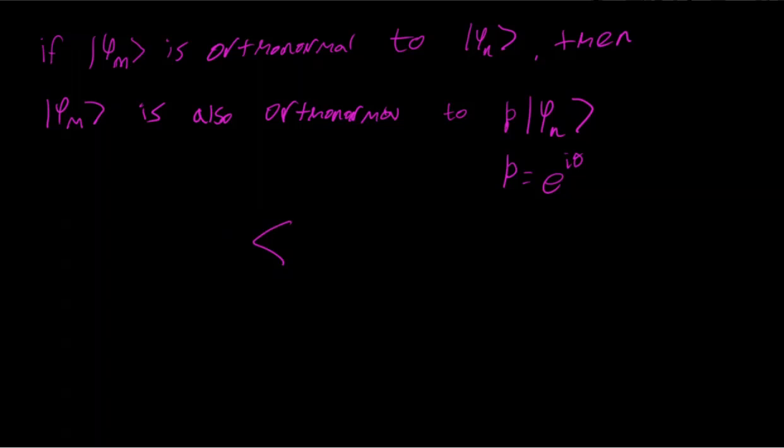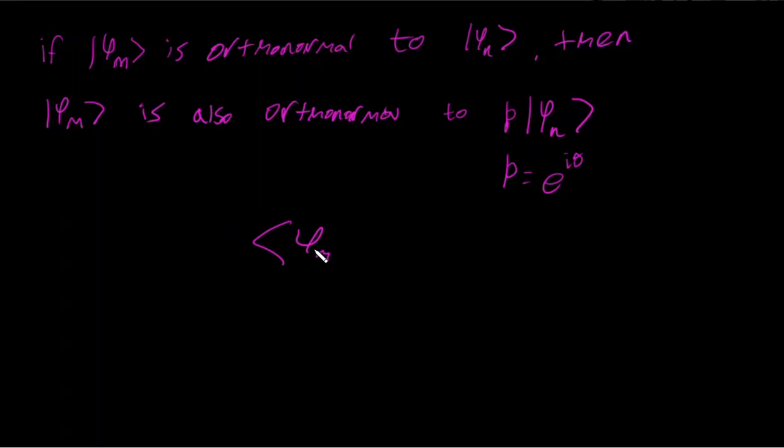This just shows that you can multiply any of the basis vectors in a basis by a phase. This is important, you'll want to write this down. If I have an orthonormal basis, and I multiply any or all of the basis states by phases, they can be the same phase or different phases, the basis will still be orthonormal, because the phase won't change any of our conditions.